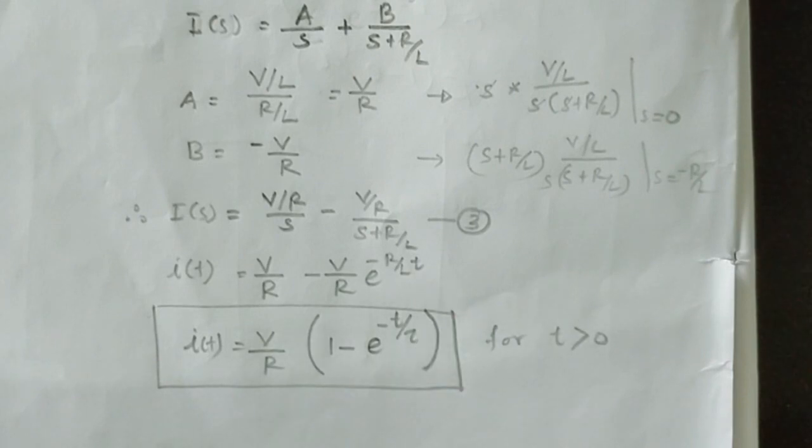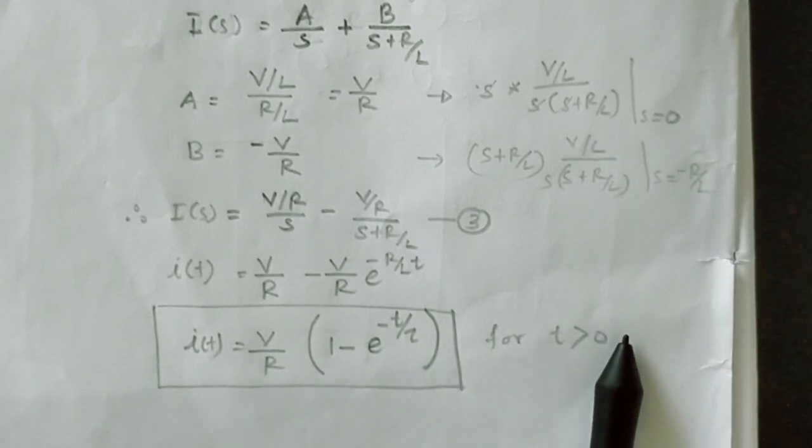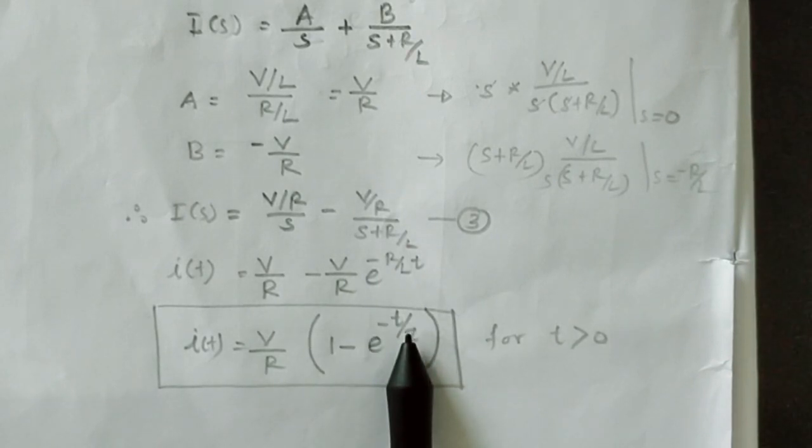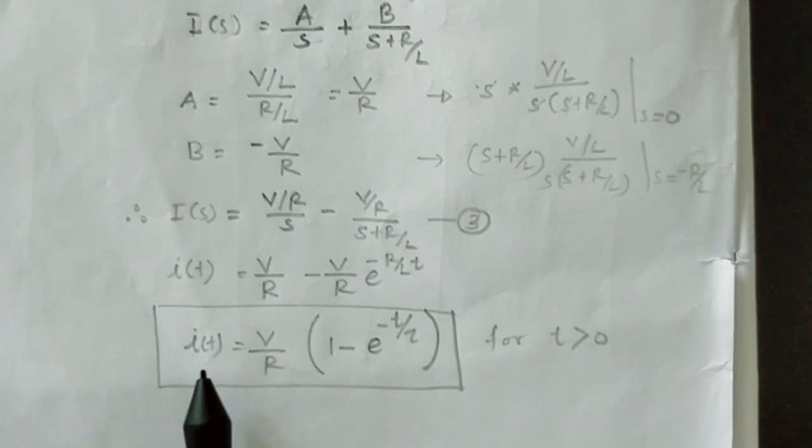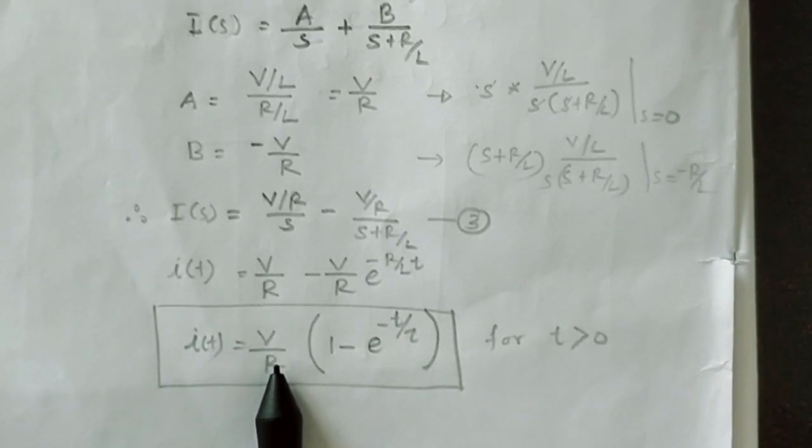Further simplifying, the response current is V by R into 1 minus e raised to minus t by tau. As seen here, for t tending to infinity, this term won't be there, and under that condition i of t is obtained as V by R.